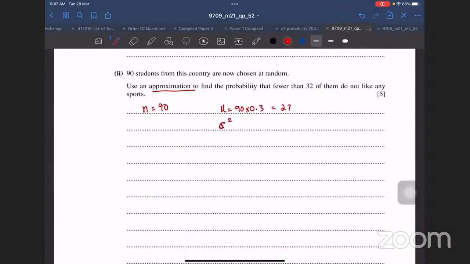And sigma squared is 90 times 0.3 times 0.7. One thing that you should also always remember when you're doing questions on conversions is to do continuity correction. So the continuity correction for this would be x is less than 31.5.